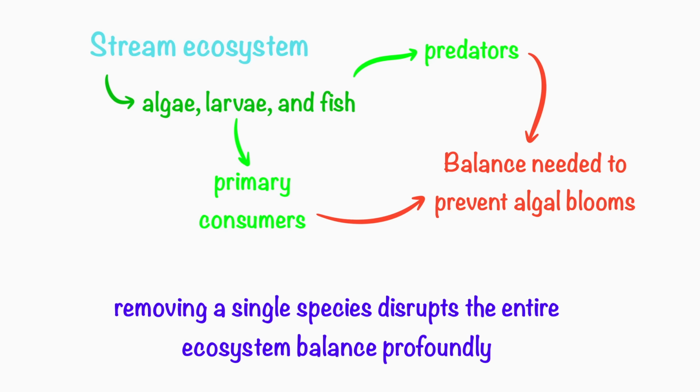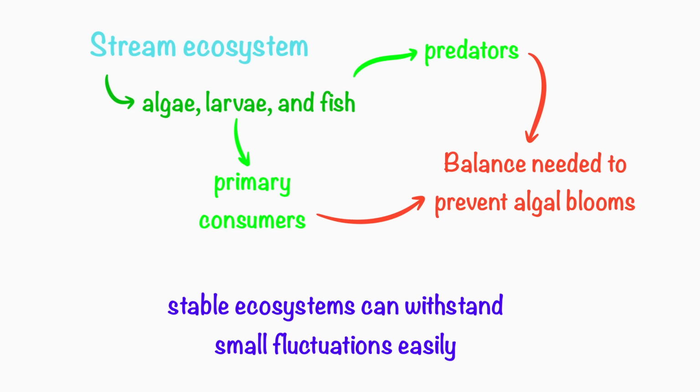Each change triggers further adjustments as the community attempts to reach a new equilibrium, which may be very different from the original stable state. Some communities achieve remarkable stability despite constant small fluctuations in population sizes. Stable communities maintain relatively constant population sizes through balanced predator prey relationships, cooperation between species, and balance with environmental factors.